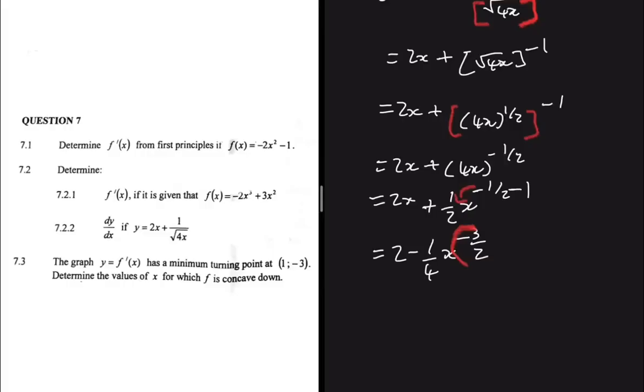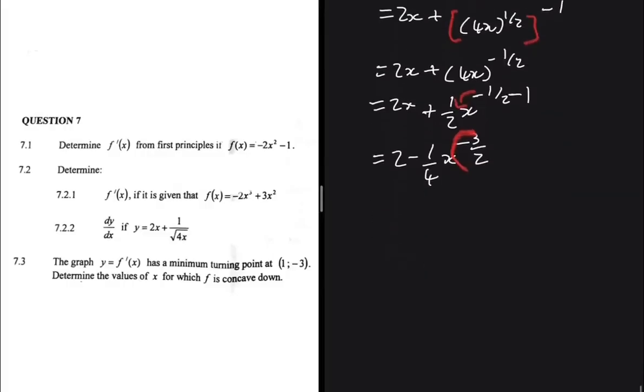So let's be kind and take it back to the form we found it in, right? So if we do that, we're going to have 2, and then we can have minus 1 divided by 4, and then x to the power 3 divided by 2. Right, we are allowed to say that. Now it looks a whole lot better, right?